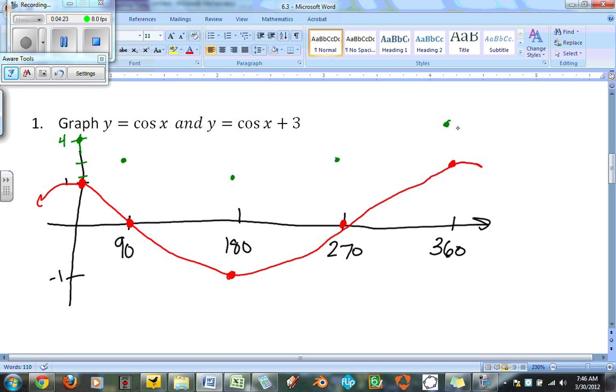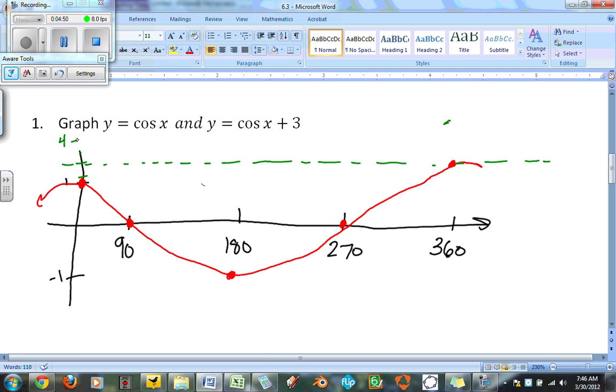Maybe the easiest way to graph it is to take your x-axis, and that was a bad graph, I messed that up, but take your x-axis and move it up 3 units. So up there's 1, 2, 3. Put a little dashed line on it, indicating that you've shifted it up.